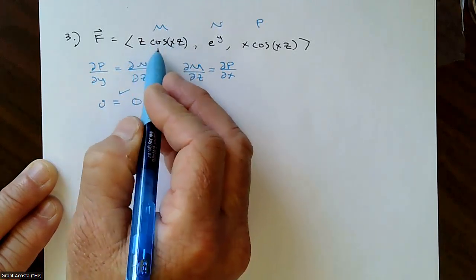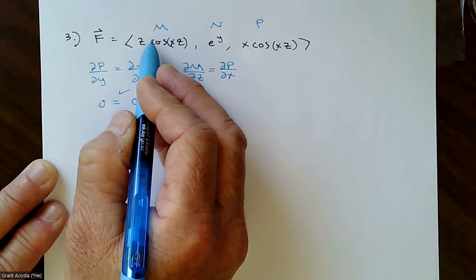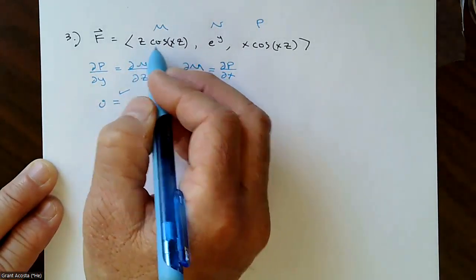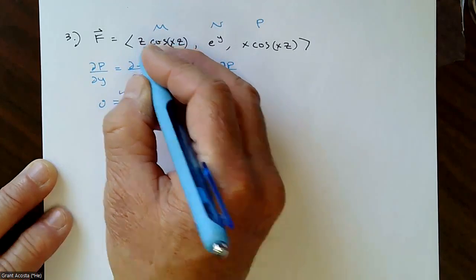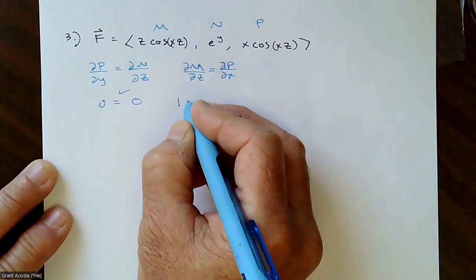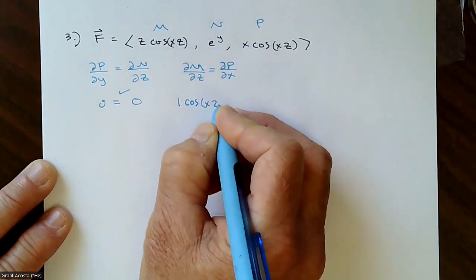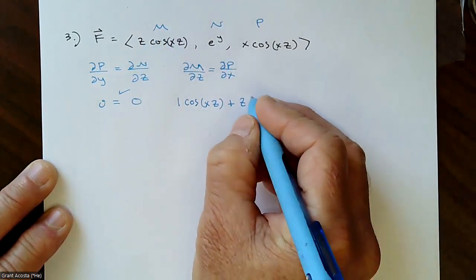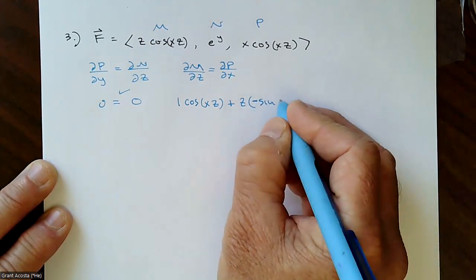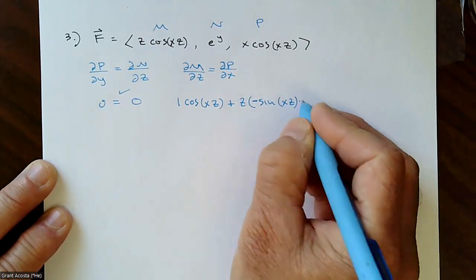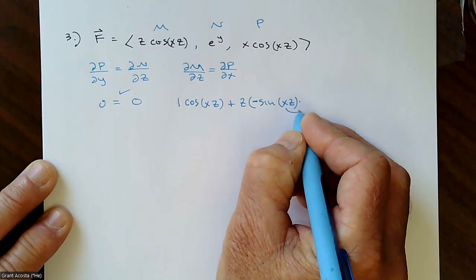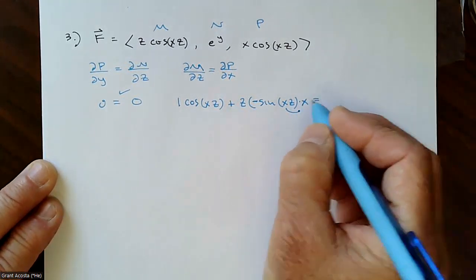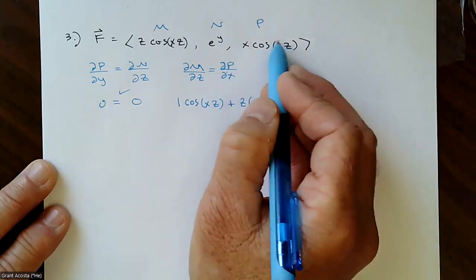M with respect to z, looks like I'm going to have to use a product rule here, right? So I'm going to have to do the derivative of the first is 1 times cosine of xz plus z. Derivative of cosine of stuff is negative sine of xz times the derivative of the inside with respect to z, which would just be x. I need to see if that's equal to the partial of P with respect to x.